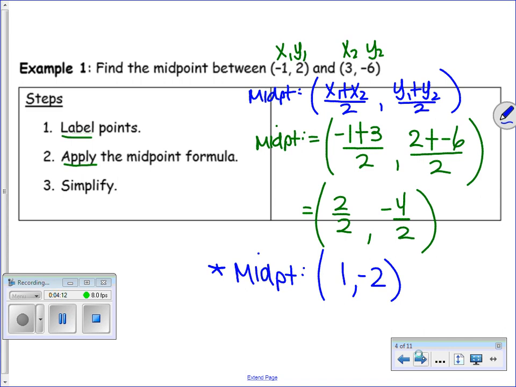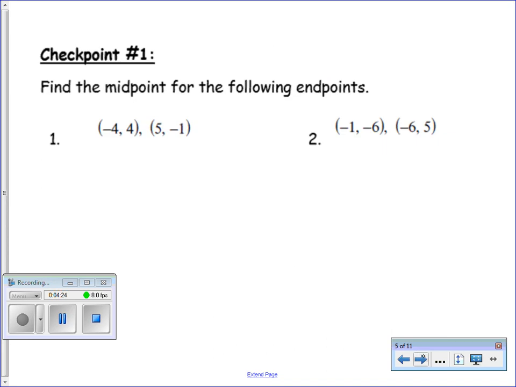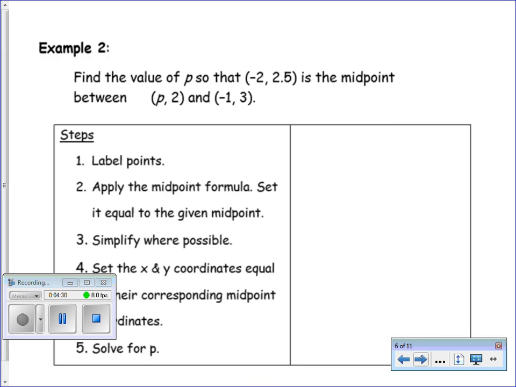If we move on to example 2, notice you guys have a set of checkpoints. Go ahead and work out those checkpoints. And then we move on to example 2.